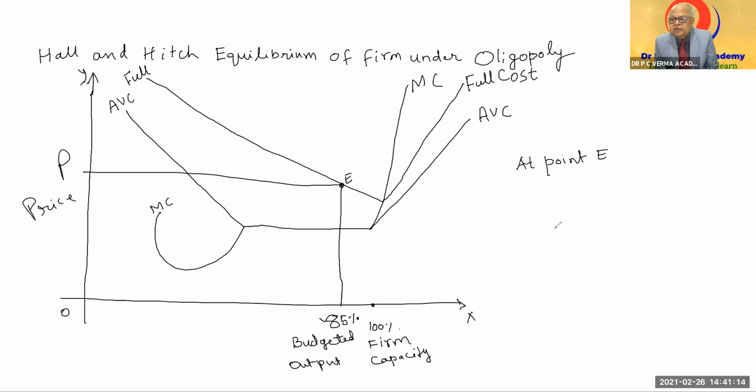From the plant capacity, they draw that the full cost will be at E. They will sell at OP price.